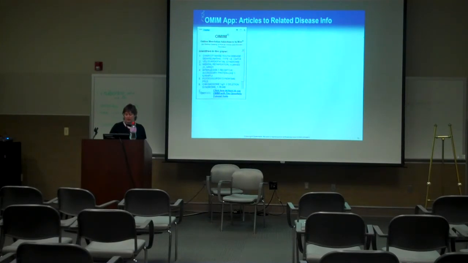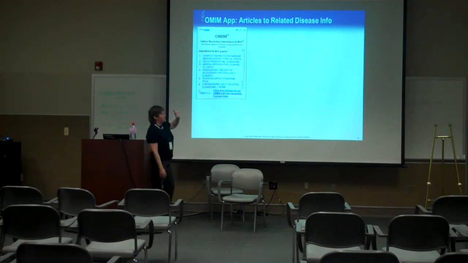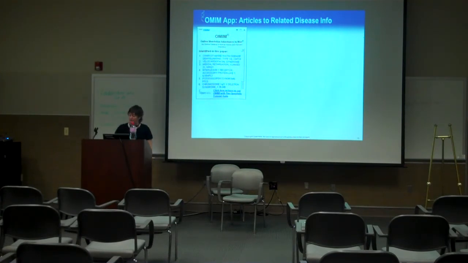We also collaborated with Elsevier and the OMIM database to create an OMIM app. And again, this is an example of what the search results would look like if I found a paper and it connected to OMIM identifiers for gene names.